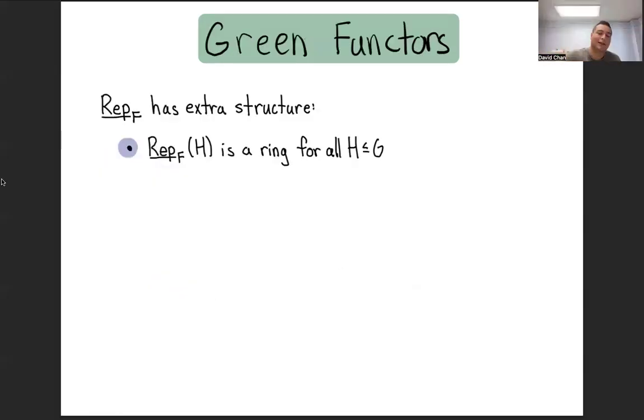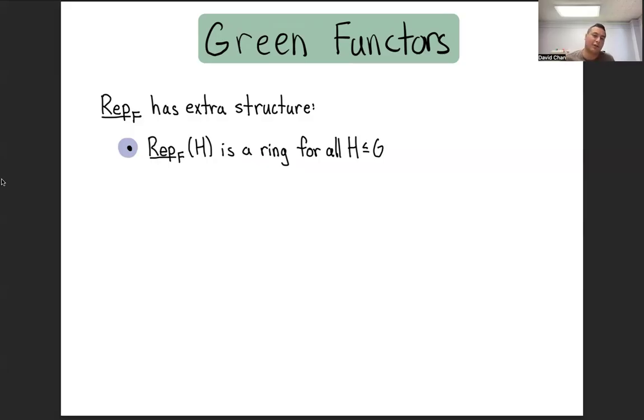So let's remind ourselves: Mackey functors were what you got when you took pi zero of any G spectrum. And a Green functor is what you get when you take the pi zero of an equivariant ring spectrum. And the extra structure that you get on a Green functor is exactly what you're going to see inside of Rep F.